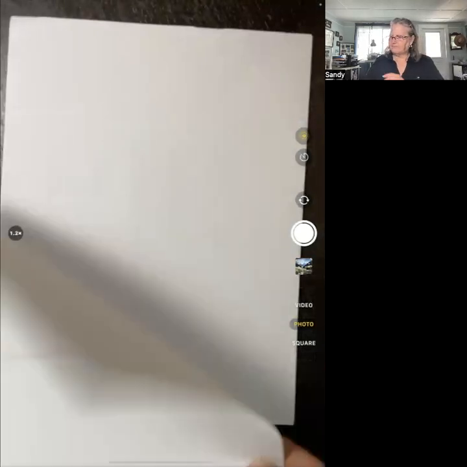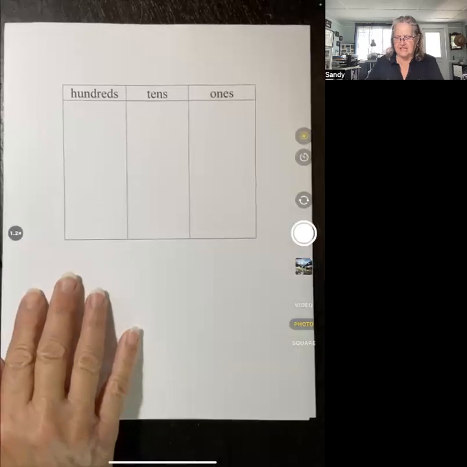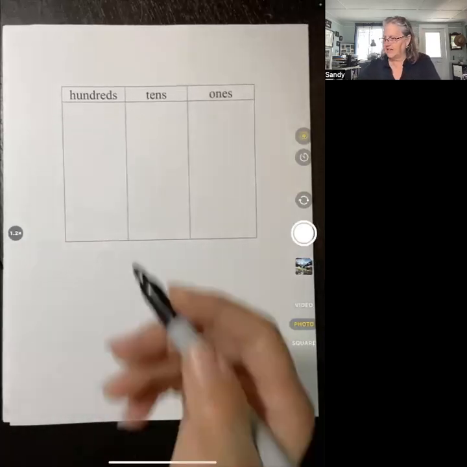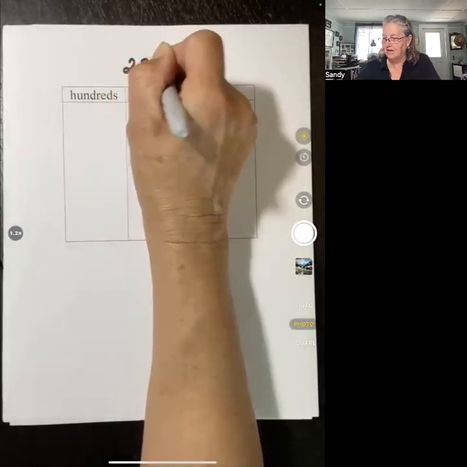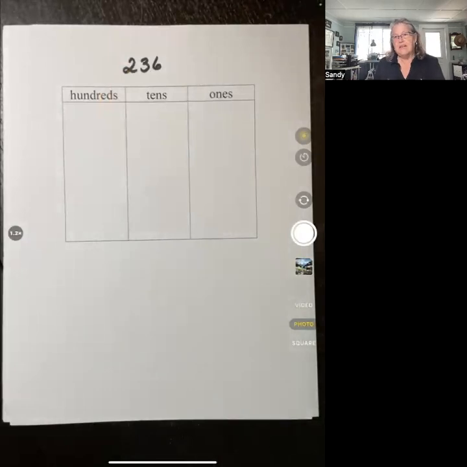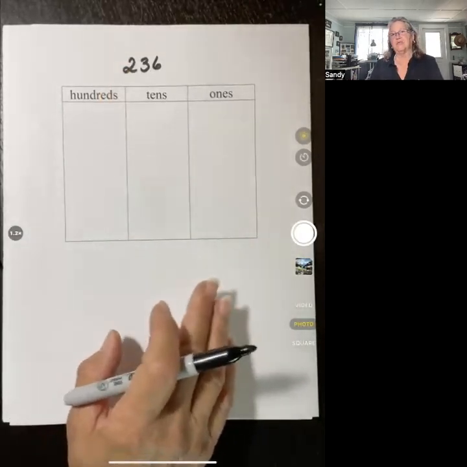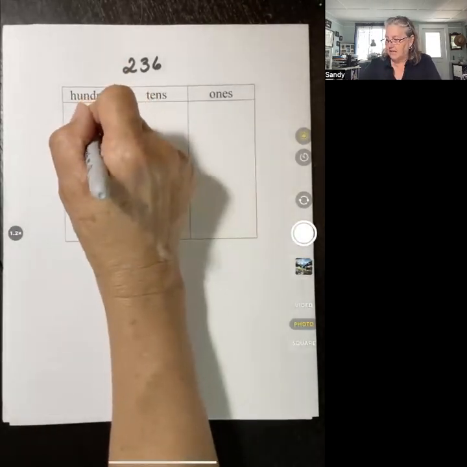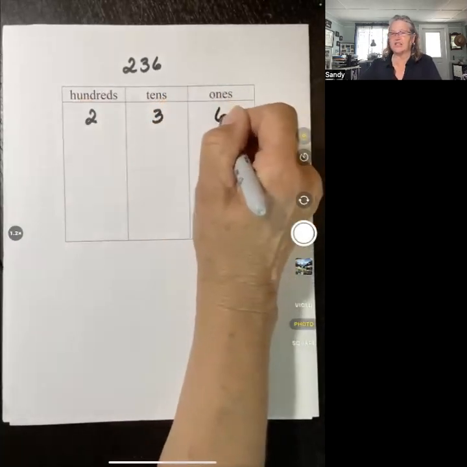Now, essentially, what we need your child to understand is that there are many ways to make a quantity, and I'm going to pick 236, which you've already seen that model for. There are many ways to make that quantity using hundreds, tens, and ones. Many of us see this and immediately think, well, I can make it with 2 hundreds, 3 tens, and 6 ones.